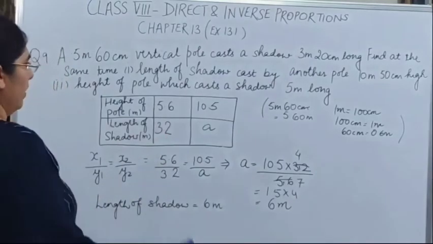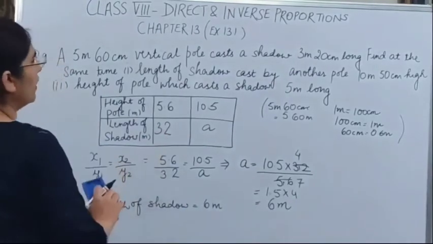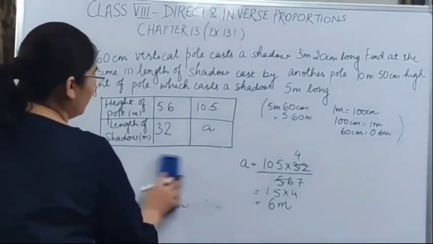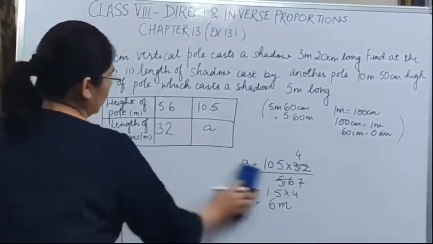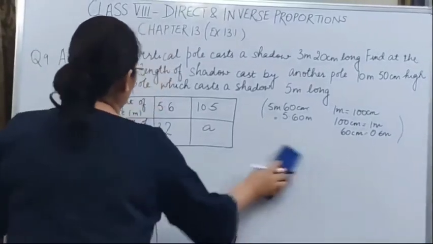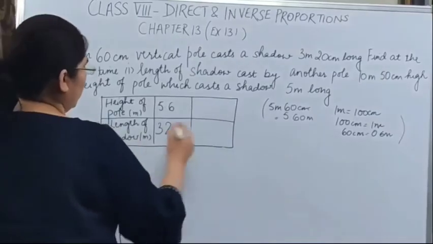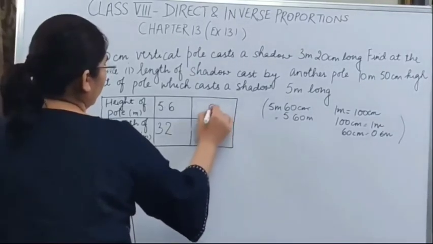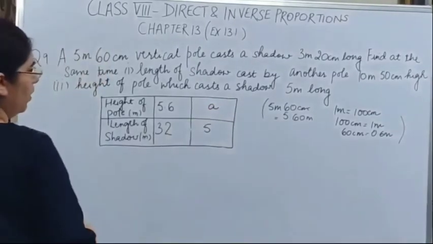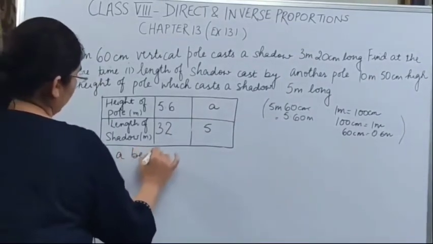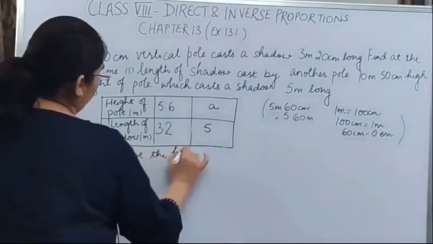The second part is, what is the height of the pole which casts a shadow 5 meters long? Now the shadow is given to us as 5 meters and we have to find the height of the pole. So let A be the height of the pole.